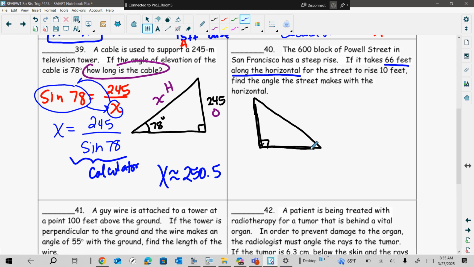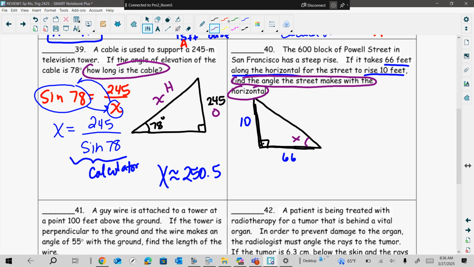But it says a rise. So every 66 feet you move, it's rising up 10 feet. So that would be the vertical distance here. The question is, find the angle the street makes with the horizontal. Well, the horizontal is down here, so we're trying to find this angle here.